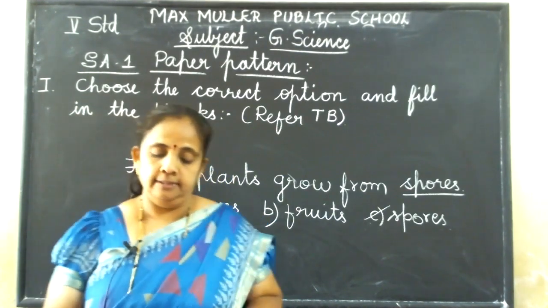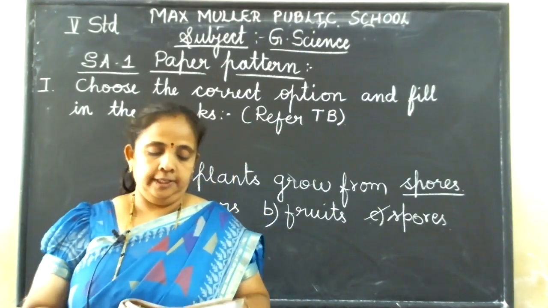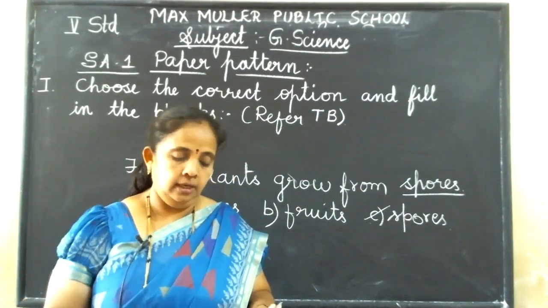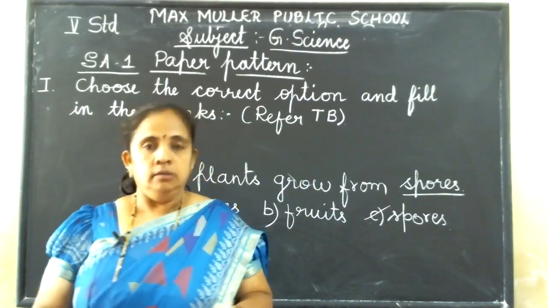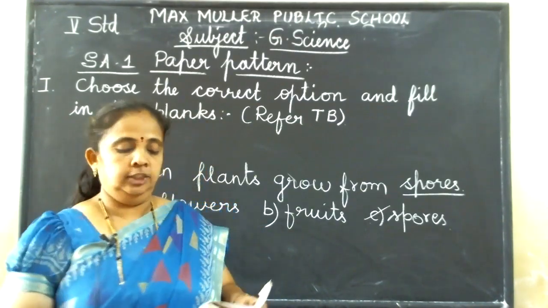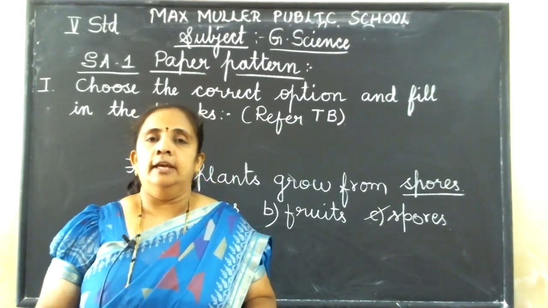So what is the correct answer? C, 33. Next, second, the bones of the body are filled with a substance called: A, marrow, B, muscle, C, tissue, D, serum. So answer is A.